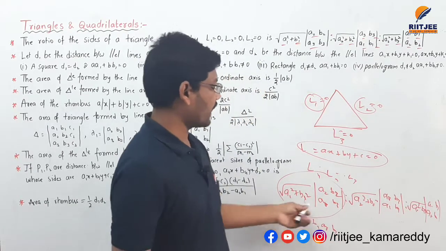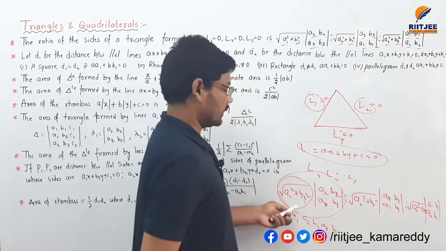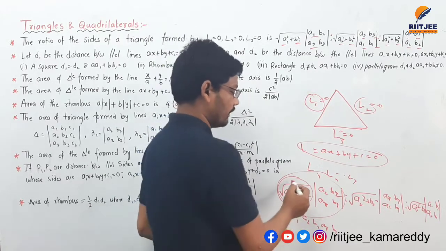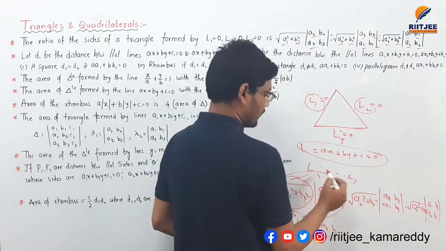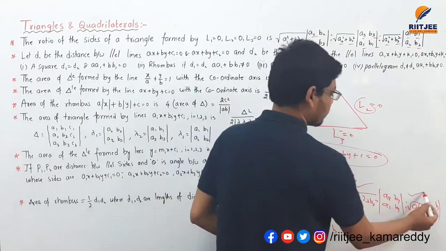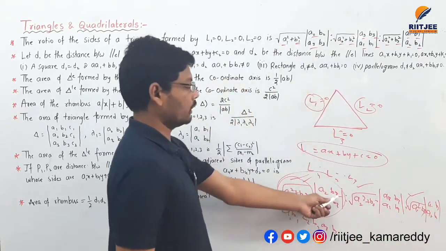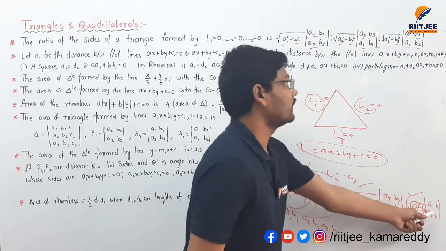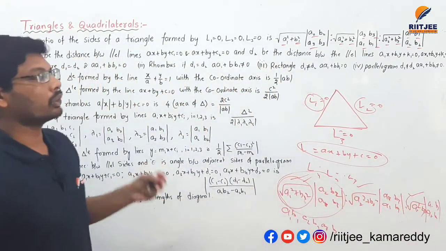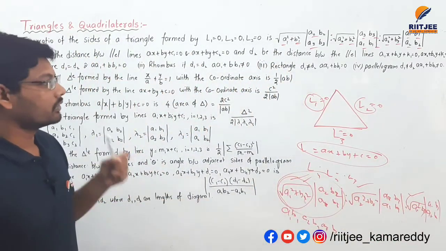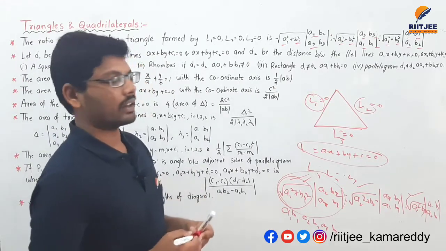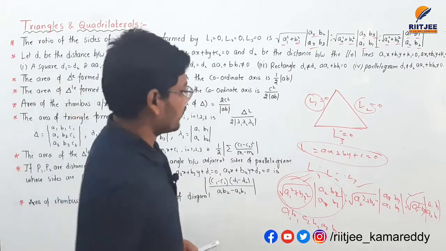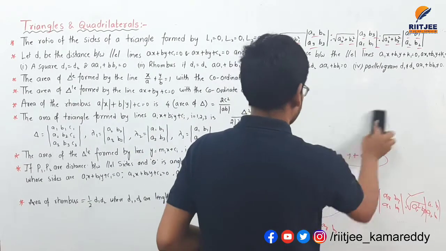That's why we first write a1 square plus b1 square, a2 square plus b2 square, a3 square plus b3 square, and the determinants a2 b2 a3 b3, a3 b3 a1 b1, and a1 b1 a2 b2. This is the usage of this formula, for finding the ratio of the sides of the triangle when 3 lines are given.